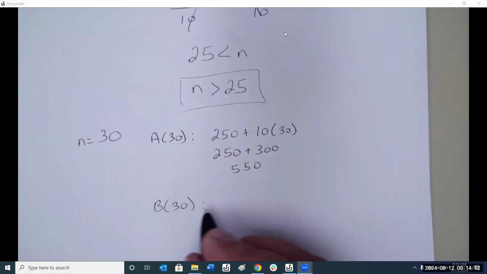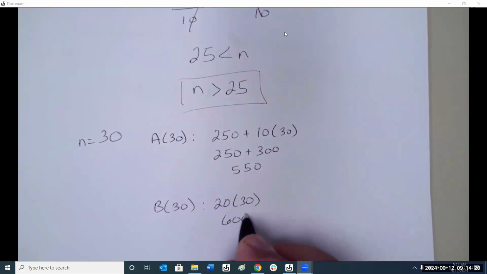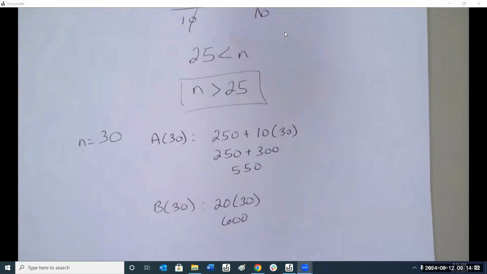B at 30 is $20 times 30, which is 600. So it works.